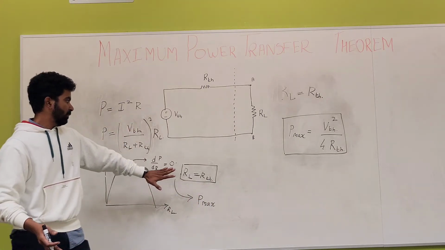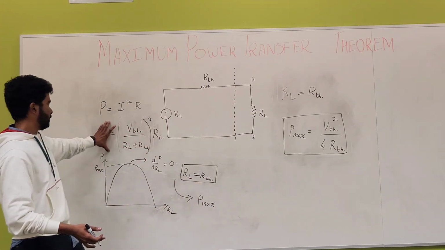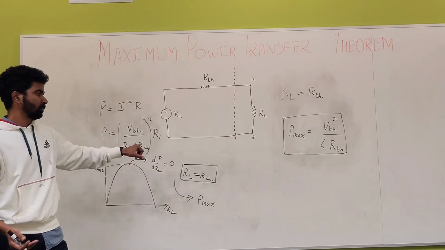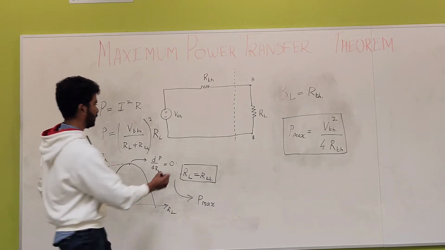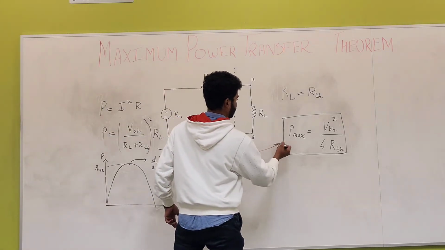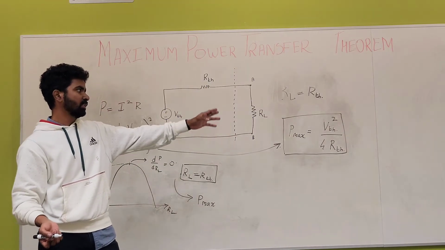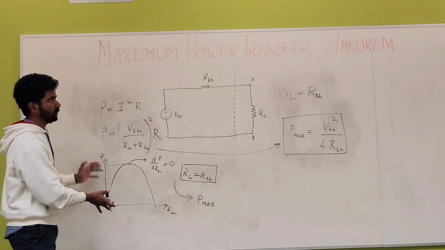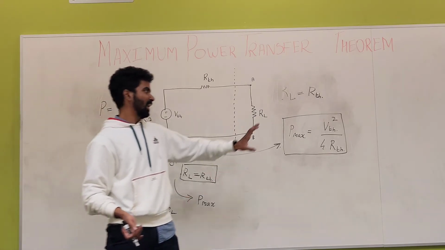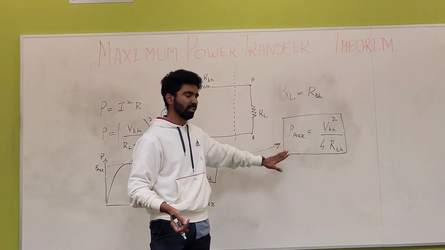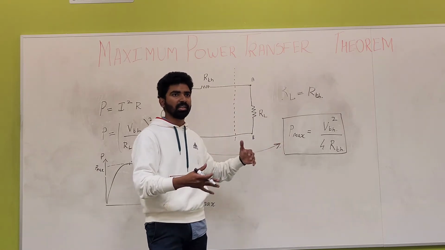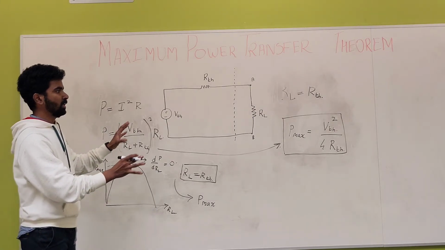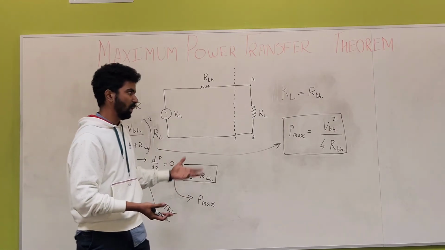Now we have the condition and the formula for P. Just substitute RL with RTH, and we get the equation P max equal to VTH square upon 4 RTH. So this was a short derivation of the theorem, and we are just going to use these two formulas to get the solutions. This derivation was just to know how it came.